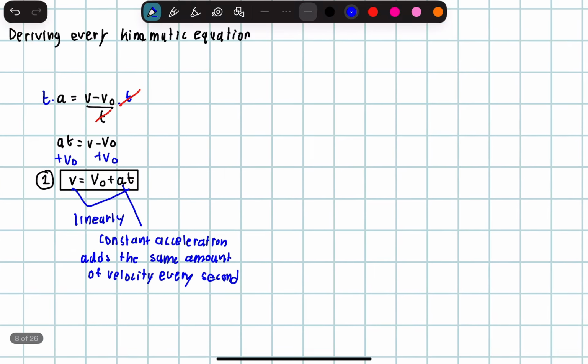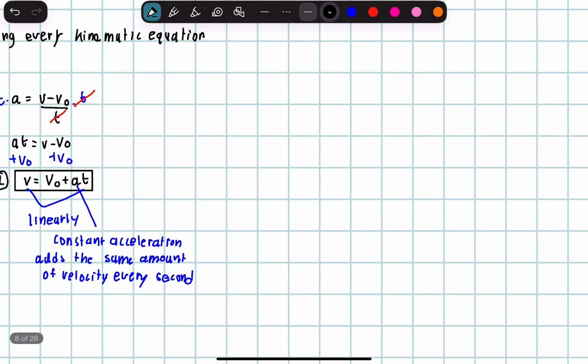Now, for our second kinematic equation, we start from the definition of average velocity, which is equal to the initial velocity plus your new velocity divided by 2.